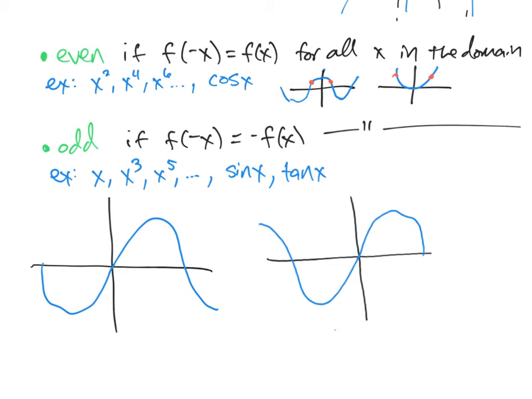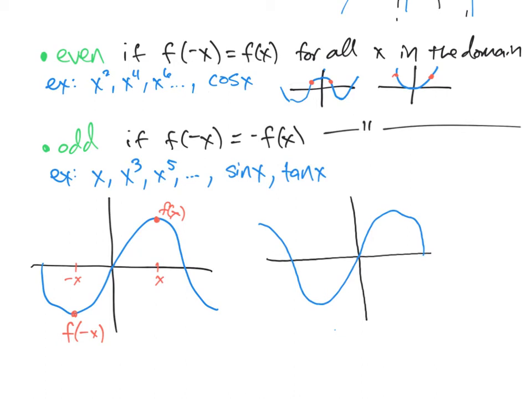And the other way you can see it using the definition is that if you've got an x and you've got negative x down here, here's f of x, and if you plug in the same thing over on the left-hand side, you get the same value except down in the negative sign. So that's f of negative x there.